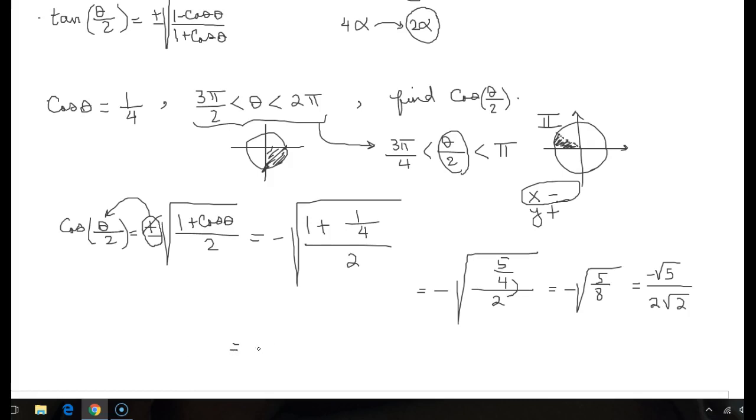And then if we want to rationalize it, we say negative square root of 5 over 2 square root of 2, and I multiply and divide by square root of 2 to get rid of the square root in the denominator. That gives us negative square root of 10 over 2 times another 2 when you multiply 2 square roots. So it's negative square root of 10 over 4, and that's the value.